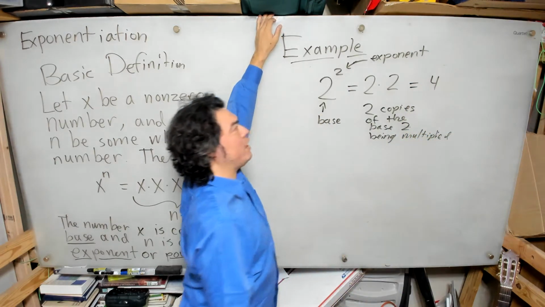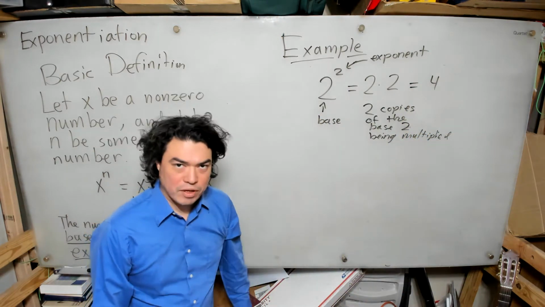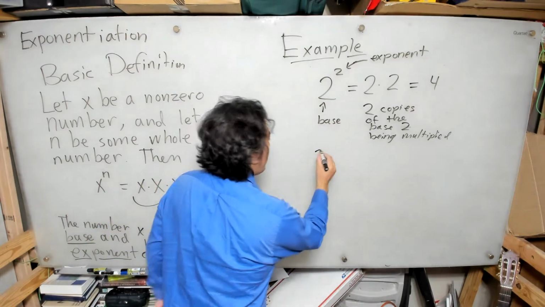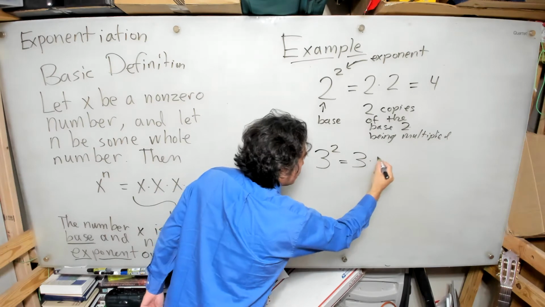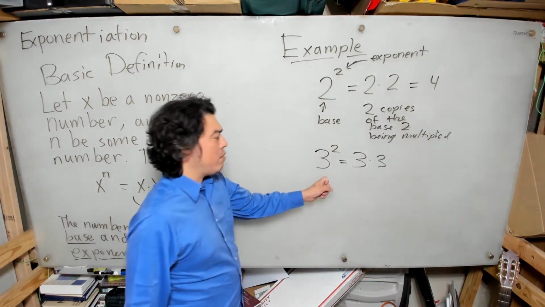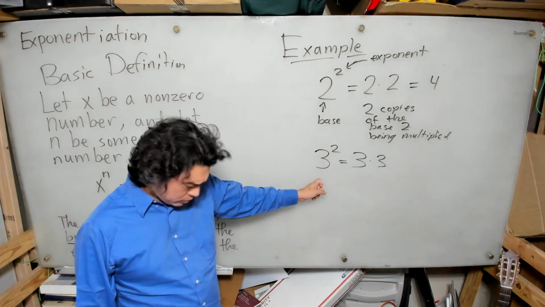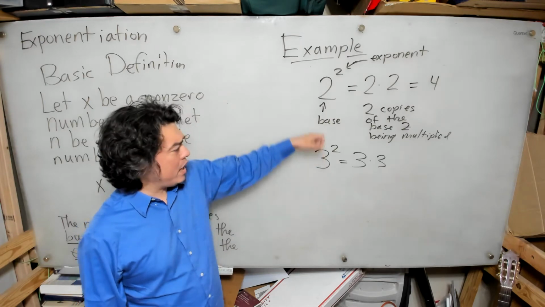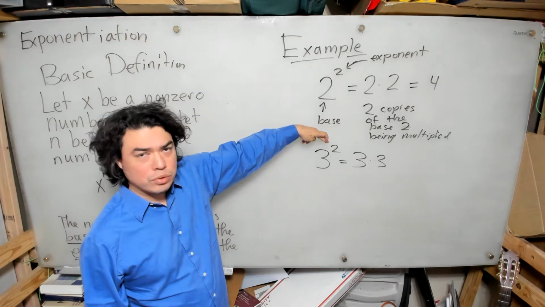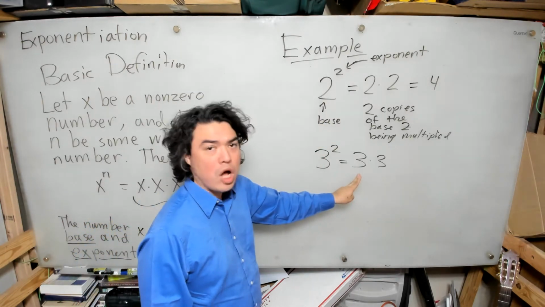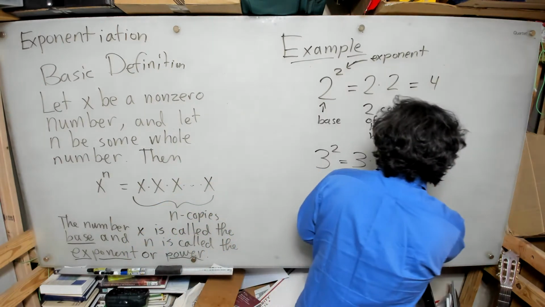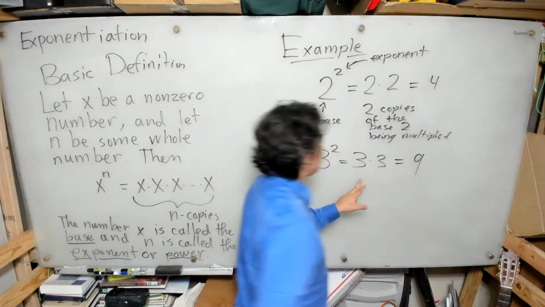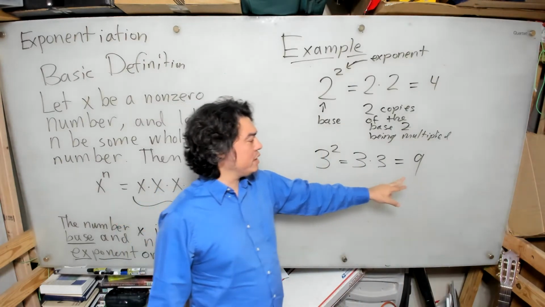I wanted to give that example first to clear up some of the confusion people have. Now if I have something like 3 squared, this is 3 times 3. Why? Because my base x is 3 and my exponent is 2. So therefore I know that I'm going to have 2 copies of 3 being multiplied together, and that's going to give me 9. Because 3 times 3 is 9.